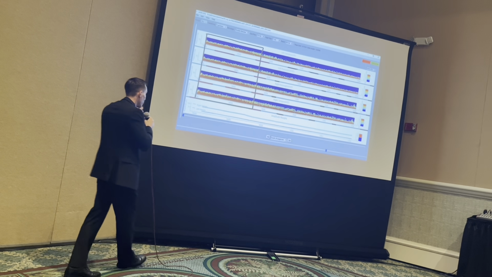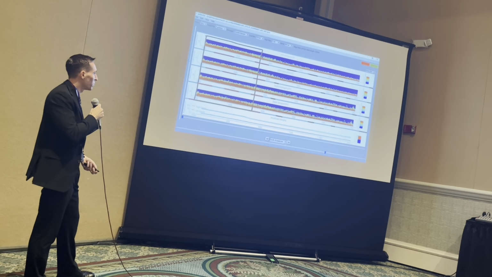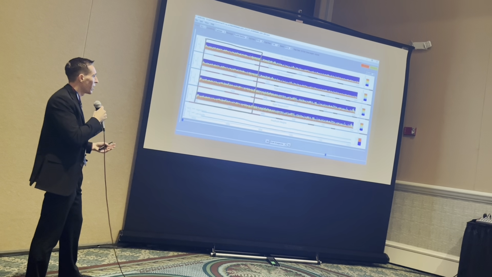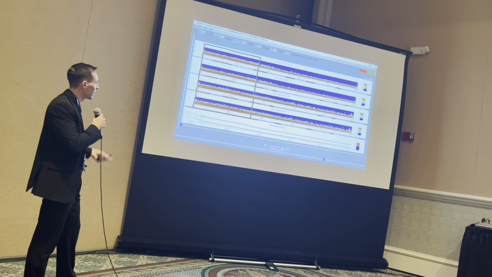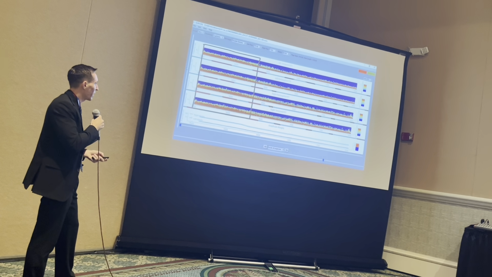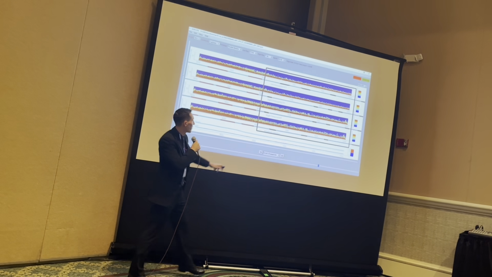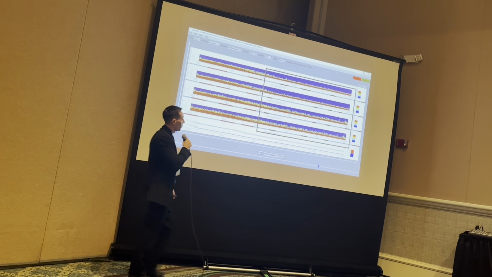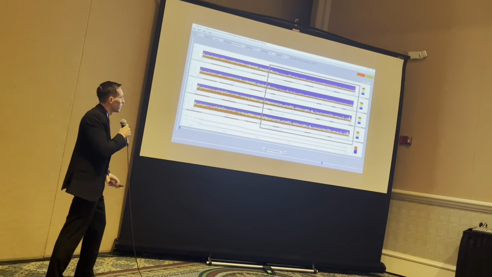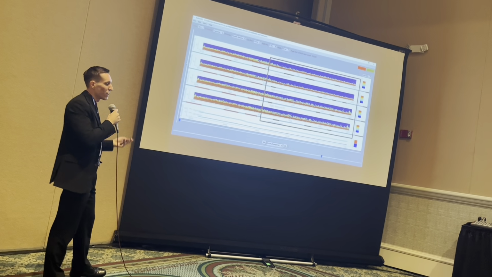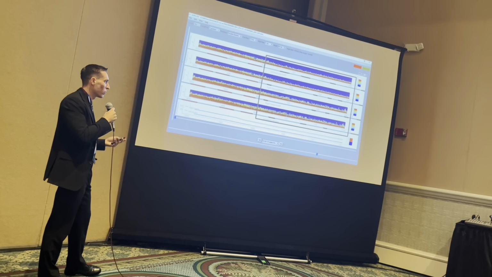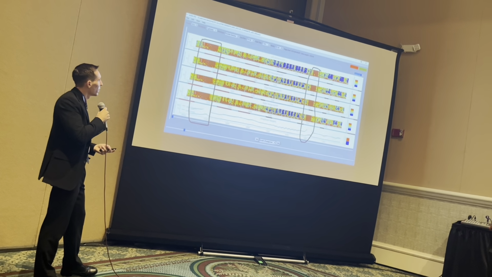But it's also important to note that it could be caused by artifacts, so make sure it's clear and not artifactual. So this is a broadband pattern, and here's a narrowband pattern, which is essentially just slowing, which you can see in encephalopathic patients or in sleep.